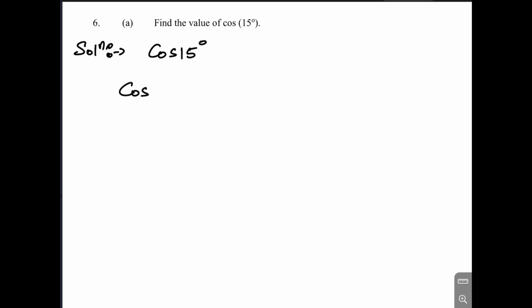We know that cos(a minus b) equals cos a into cos b plus sin a into sin b. So we are going to use this formula.